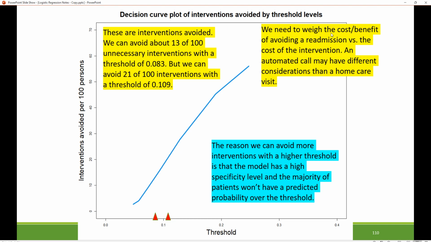So we need to weigh the cost benefit of avoiding a readmission versus the cost of the intervention. An automated call may have different considerations than a home care visit.